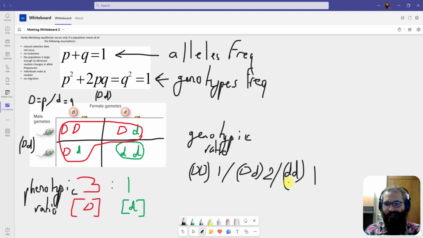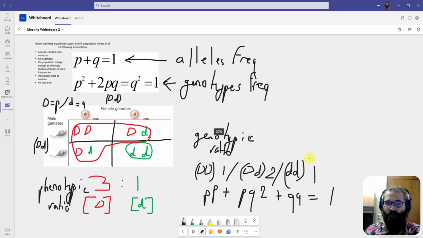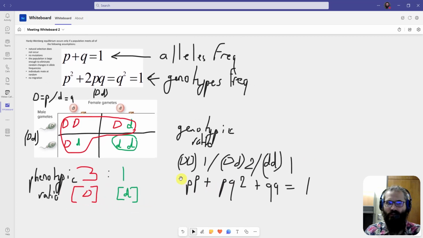Now, if you want to write this in math, you can write p, the dominant alleles, plus 2pq plus q equal, and the sum of all the genotypic ratios, which are all the offspring, must be 1, because those are genotypic ratios, so they're going to all add up to 1, right?